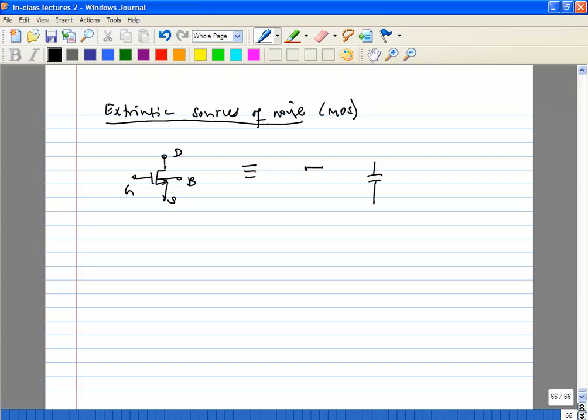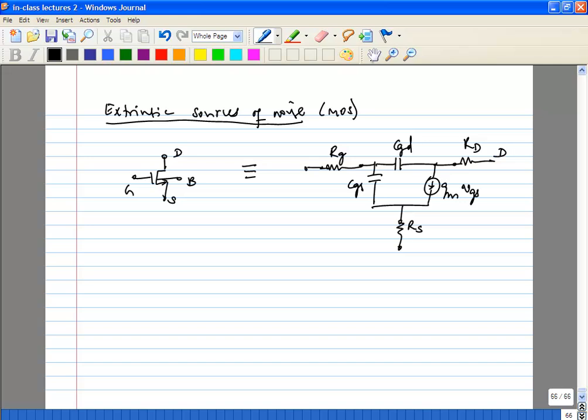So let's look at your CGS, CGD, Gm. What you could have is RG, RD, RS.